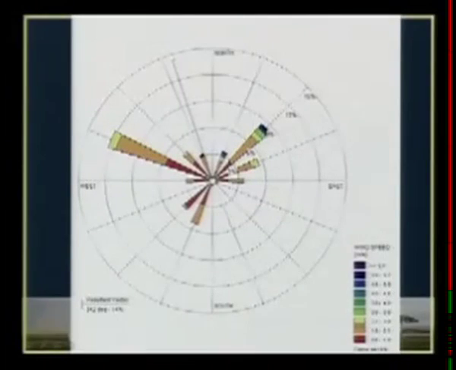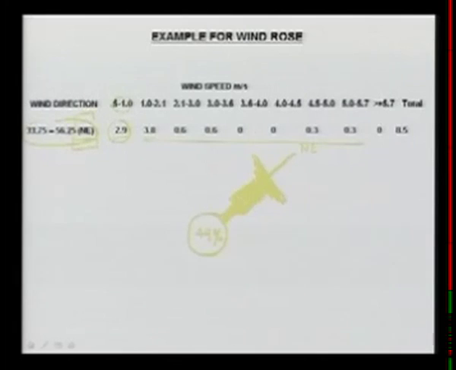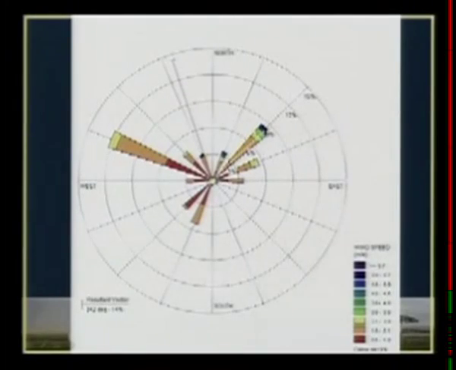What you see here is in the center the calm conditions, and now we have plotted in various directions what percentage of time the wind was. This is what we plotted ourselves, but the computer plot will look like this.